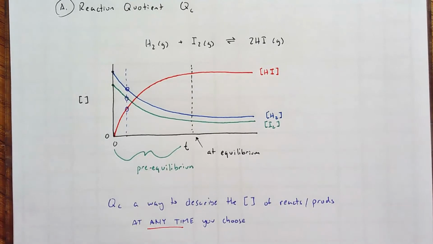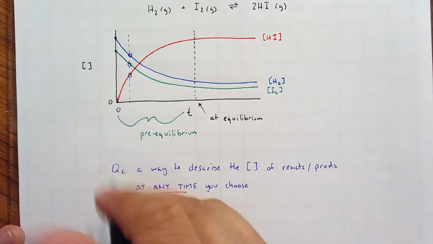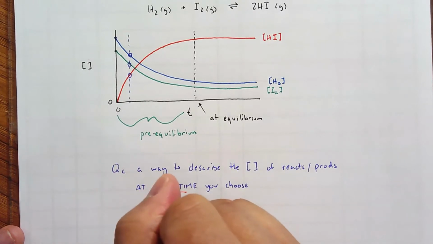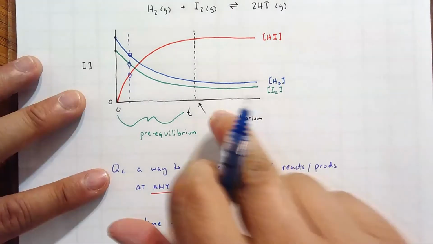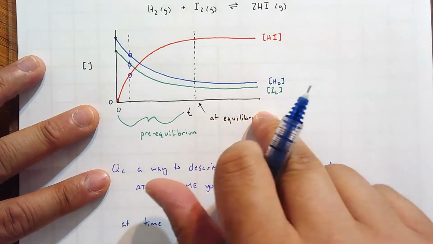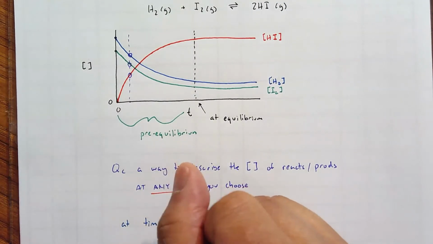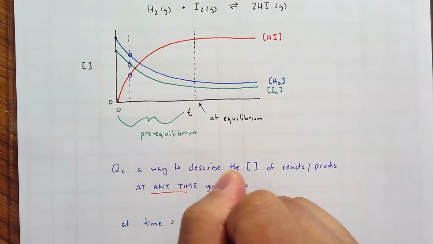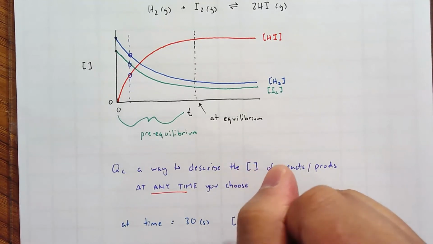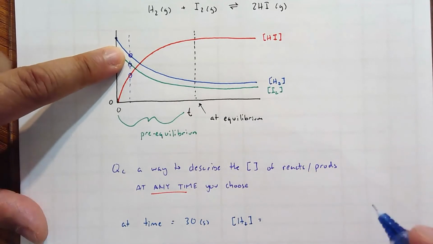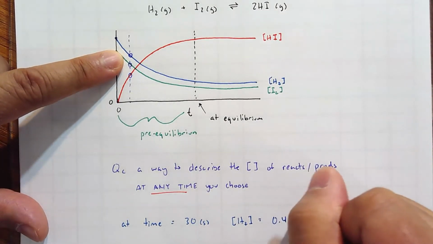Okay, so let's say at time equals, let's just estimate. I have no idea. This could be an hour, this could be 400 days, but let's say at time equals 30 seconds. We have an H2 concentration equal to, let's say, 0.46 molar.